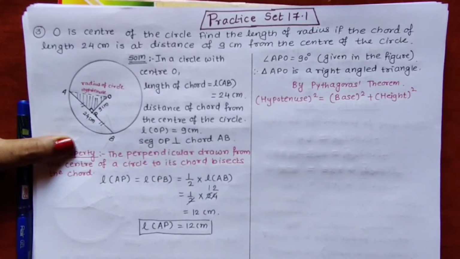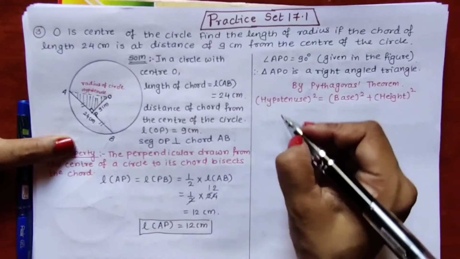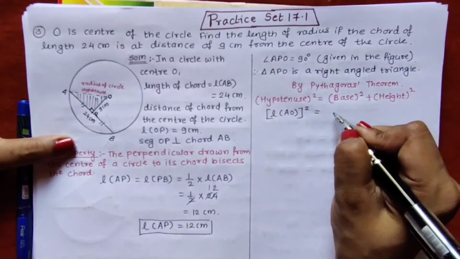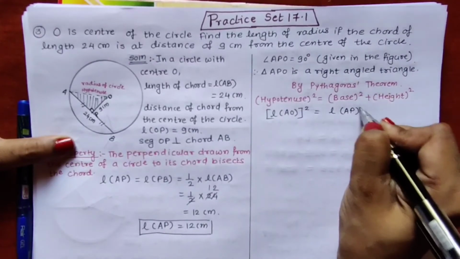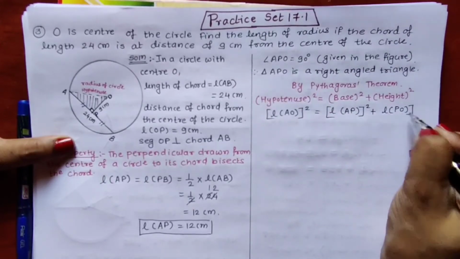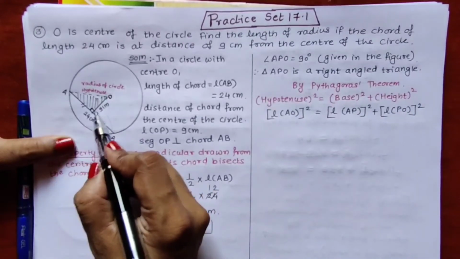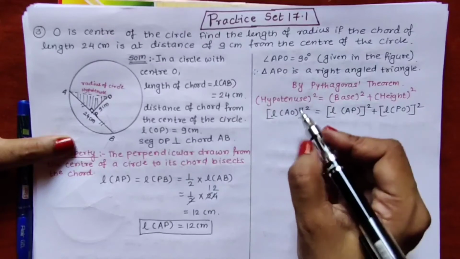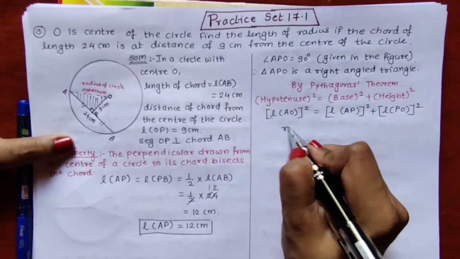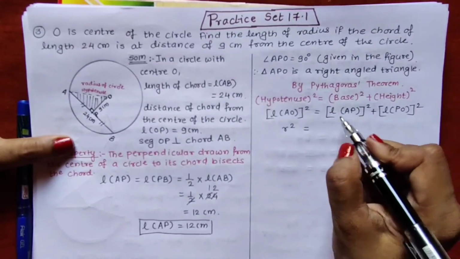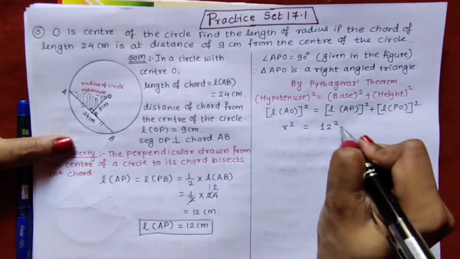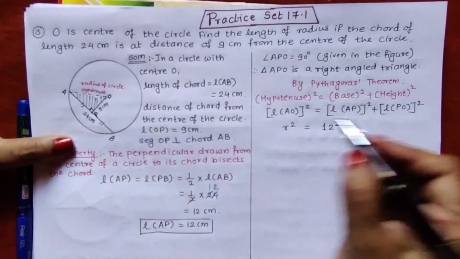So we will write the names of the sides. Hypotenuse is length AO. So length AO square is equal to base length AP square plus height length PO square. Now AO means the radius of the circle, so we can show it by R. We write R square is equal to AP, which we just got as 12 centimeters, so 12 square, plus PO is 9, so 9 square.